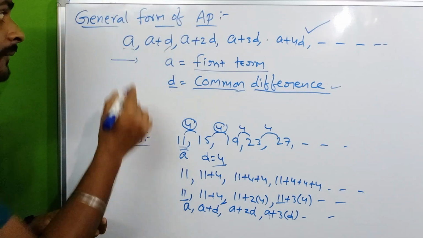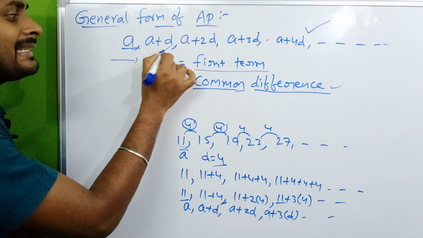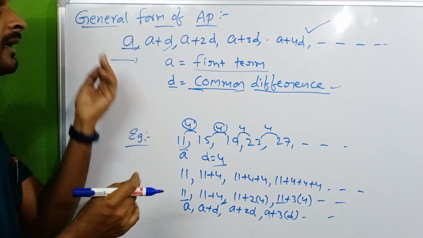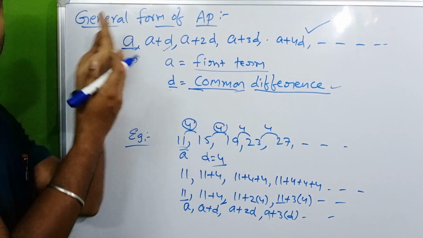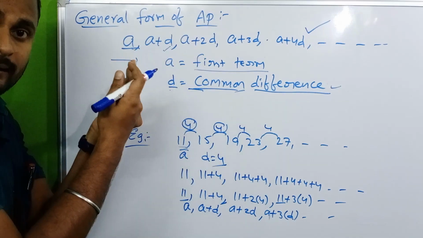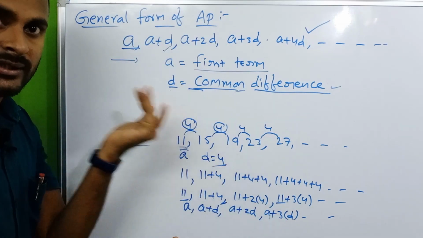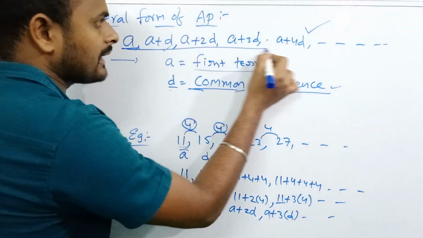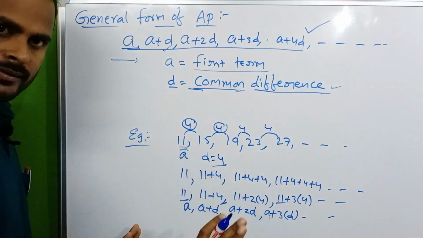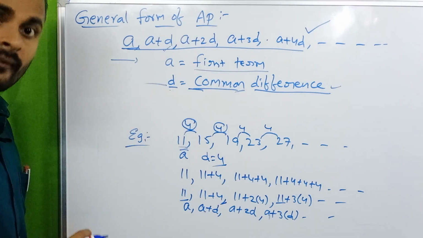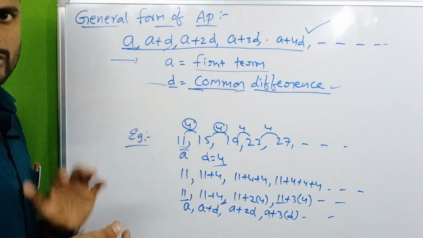In that, remember that a is the first term, d is the common difference. That means to the first term, adding d, you get the second term. To the second term, adding d, you get the third term. To the third term, add d to get the fourth term. So that is why arithmetic progression works in the same way. And also, how could you find the common difference if we are given a progression?